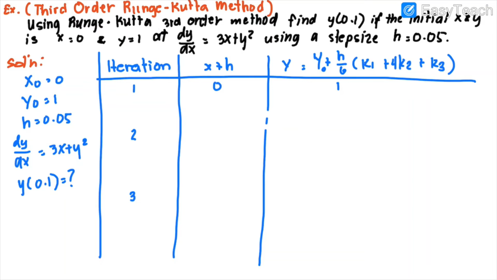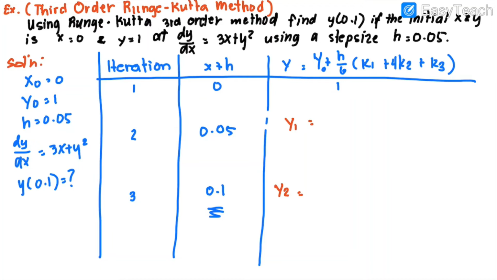So plus a step size of 0.05. So 0 plus 0.05 is 0.05. And 0.05 plus 0.05 is 0.1, which will be our unknown for this problem. We are now asked to solve for the value of y at x equal to 0.1.